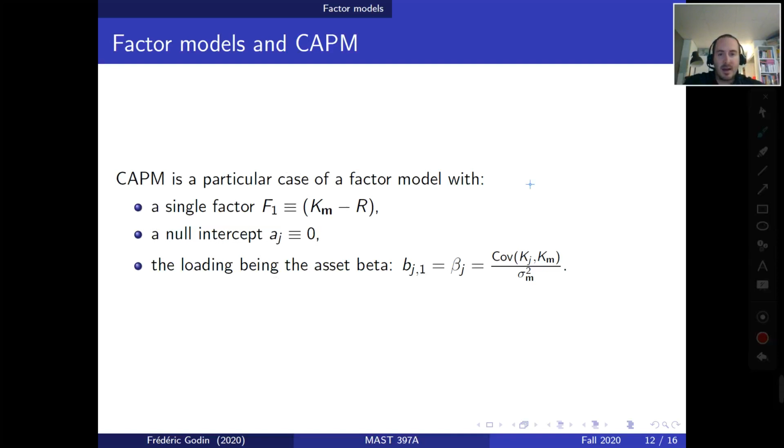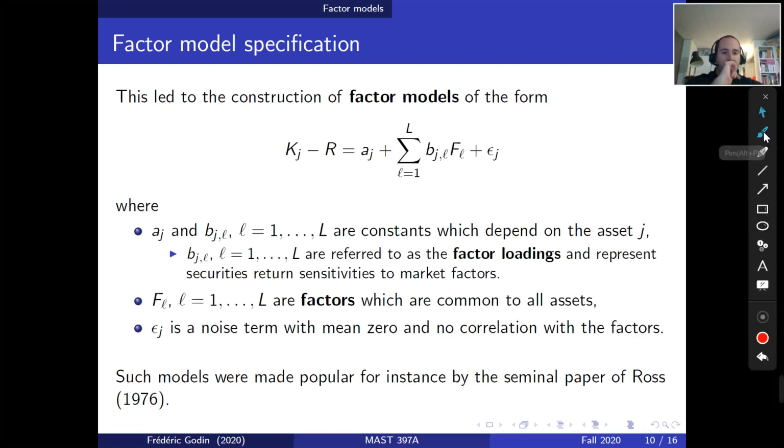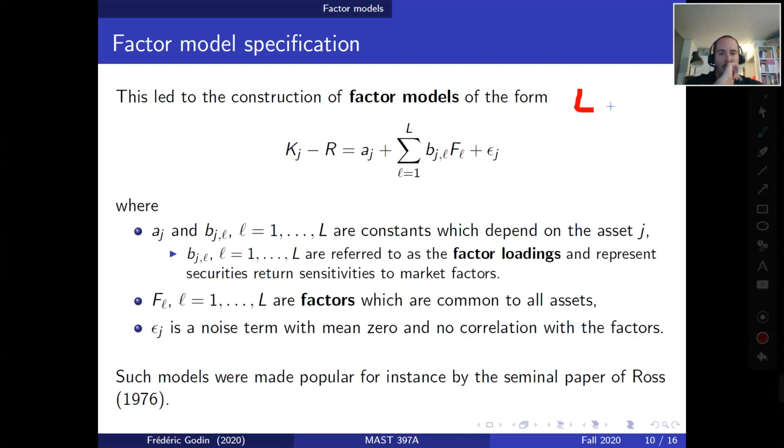Okay, so let's illustrate that. If we go back two slides. Let's say we set capital L equal to 1, then A_j is equal to 0, then we can set B_j1 equal to beta_j.